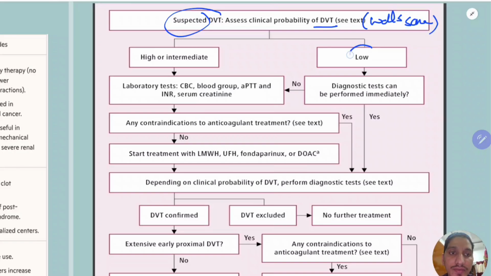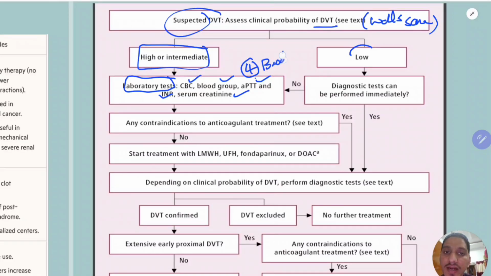If the clinical probability is high or intermediate, then you order baseline laboratory tests like CBC, blood group, APTT, INR, serum creatinine.